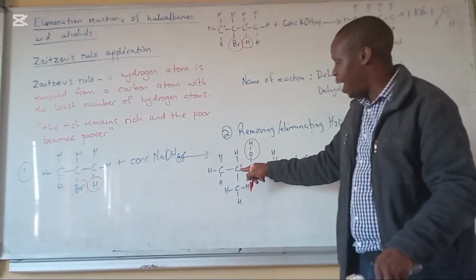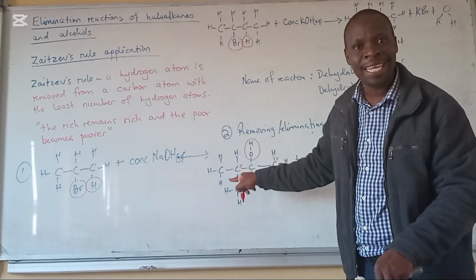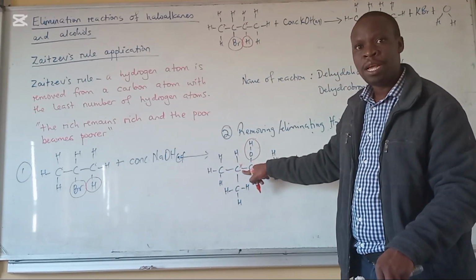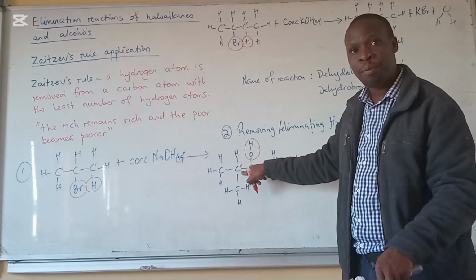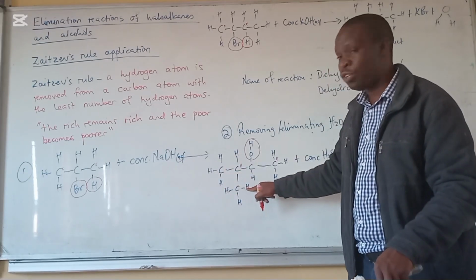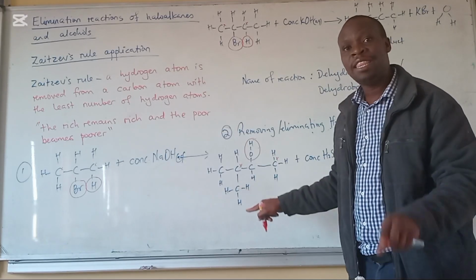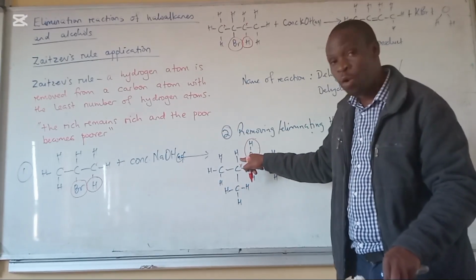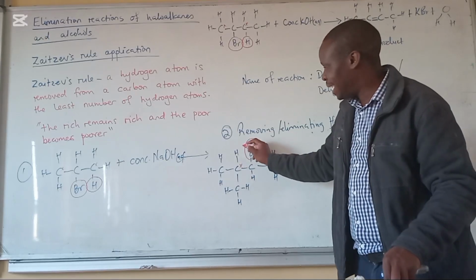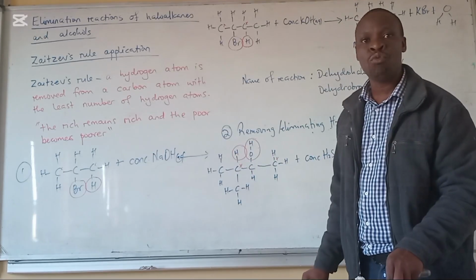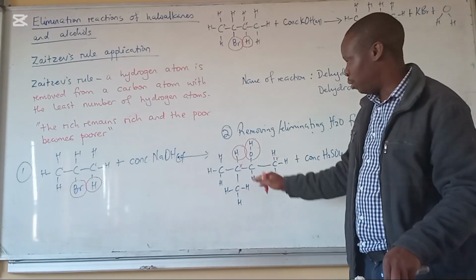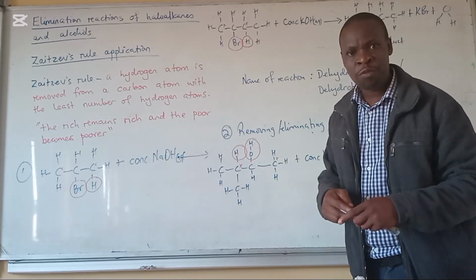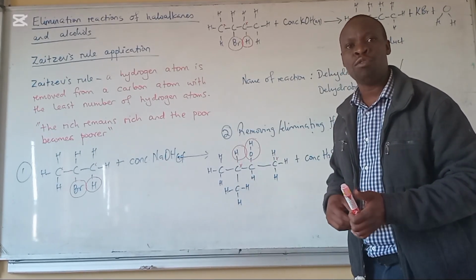There is only 1 hydrogen atom bonded directly to this carbon atom. So this is the one that is poor. We are not going to look at all these hydrogen atoms. We only consider the hydrogen atoms bonded directly to this carbon atom. So it is only this one, and it is this hydrogen atom that will be removed, because this is the carbon atom which is poor in terms of the number of hydrogen atoms bonded to it.